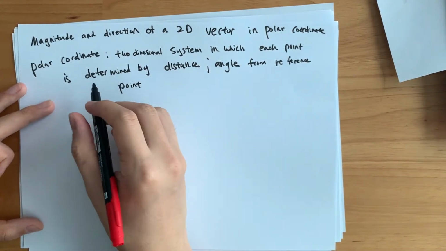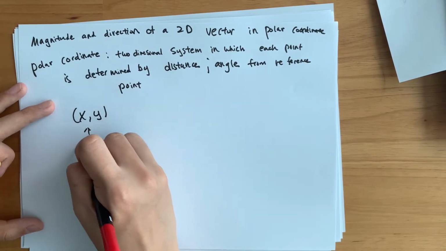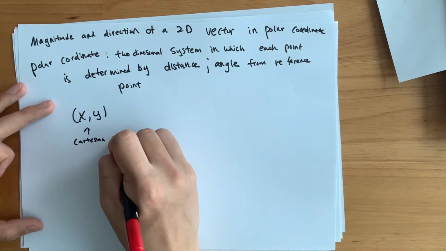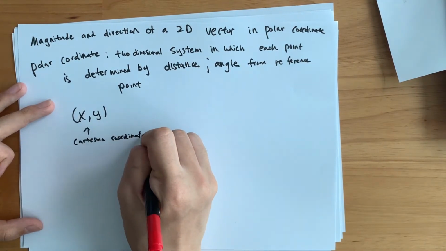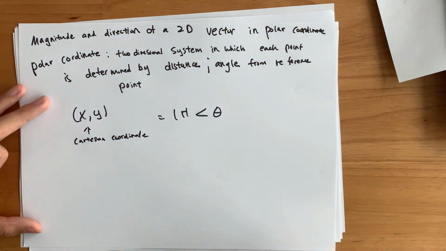If this one is the original Cartesian coordinate, the polar coordinate is represented like this.